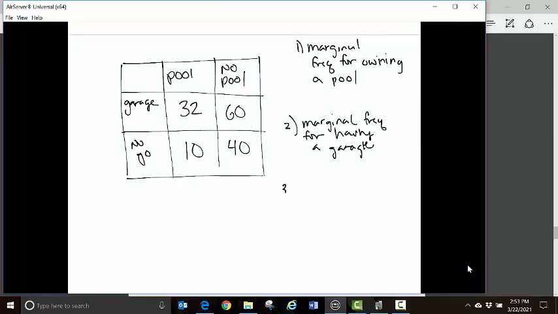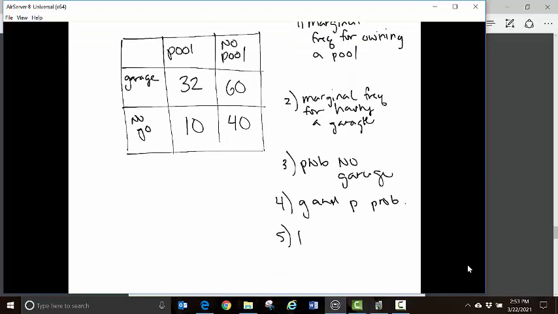Okay. Number 3, the probability of no garage. Number 4, the probability of having a garage and a pool. And then 5, the probability of a pool given you have a garage.